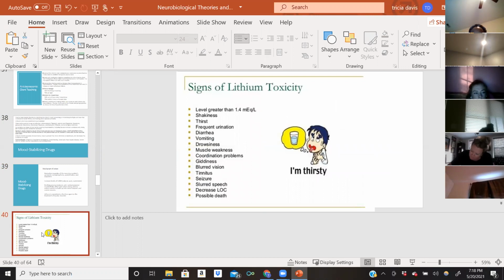So if your patient has lithium toxicity, this is what you're going to see. You should know this. They will have a level greater than 1.4 milliequivalents.